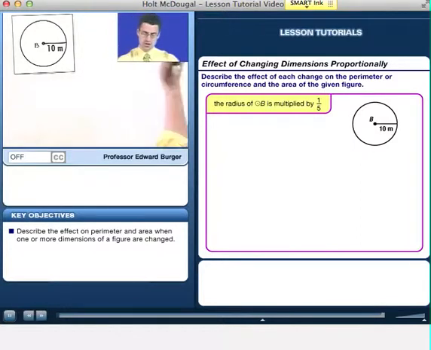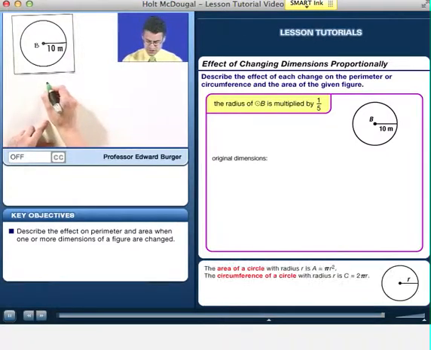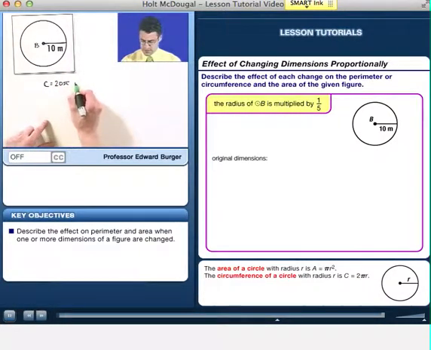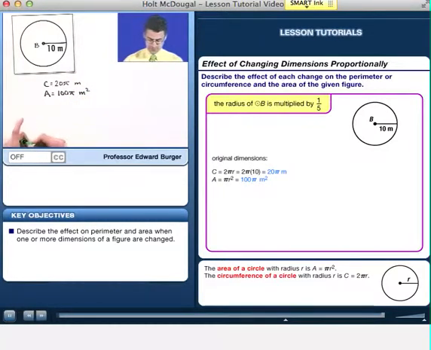So shrink it down. So first of all, let's figure out the current situation. Circumference equals 2 pi r, so that's 20 pi, and the units here are meters. And the area is going to be pi r squared, which is 100 pi m squared.